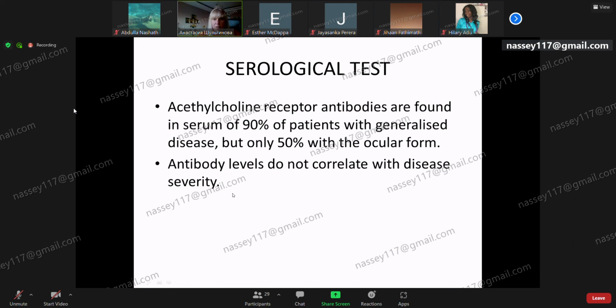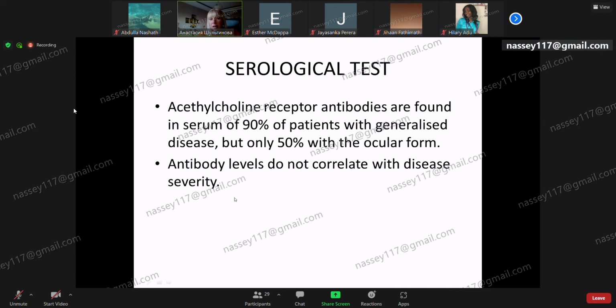Serological test, acetylcholine receptor antibodies are found. Usually in 90% of the patients with generalized disease and 50% of the patients with ocular form. But we will say that not in all cases does the antibody level correlate with the disease severity.